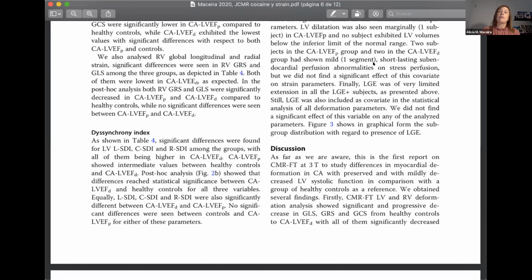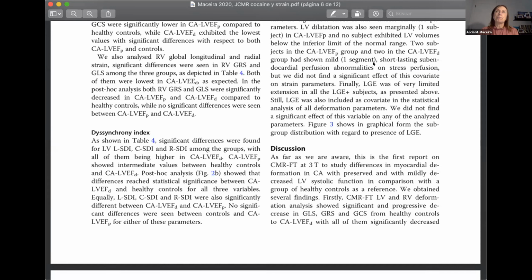Neither with echocardiography, of course not with CMR, and it's unthinkable here to do strain analysis in these subjects to see whether they're going to develop ventricular dysfunction at some point. Also, we don't really know whether this depression of strain parameters might indicate that they are going to have systolic dysfunction in the long run.